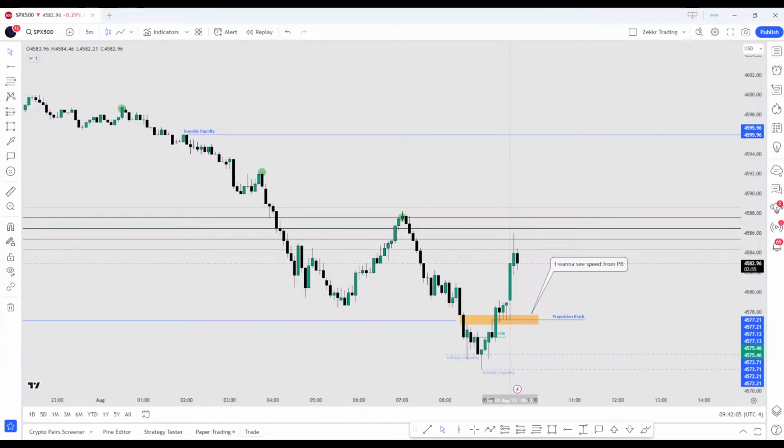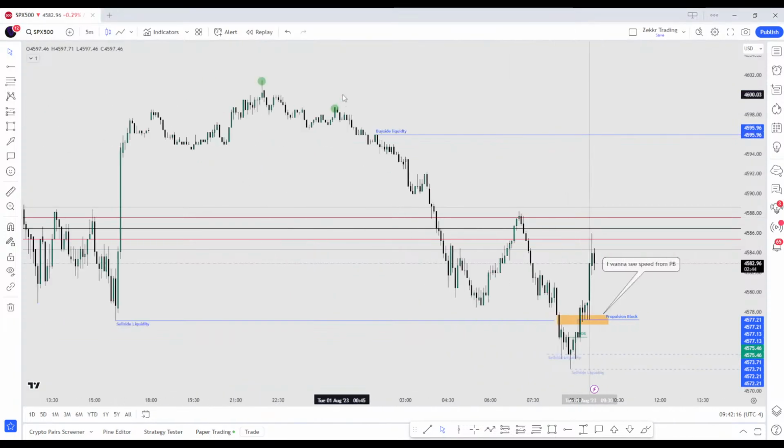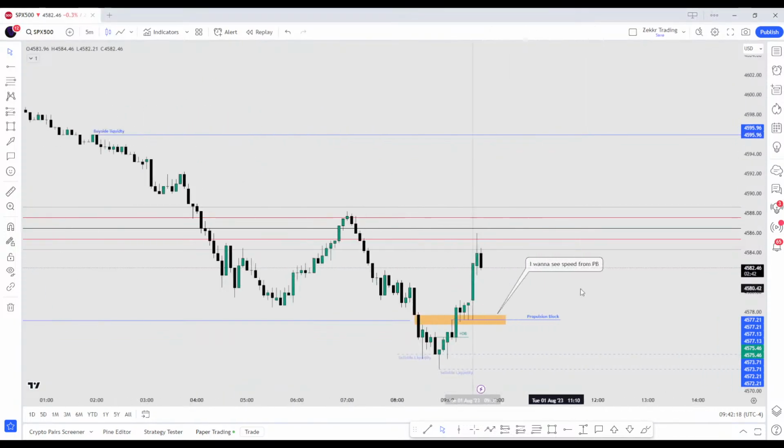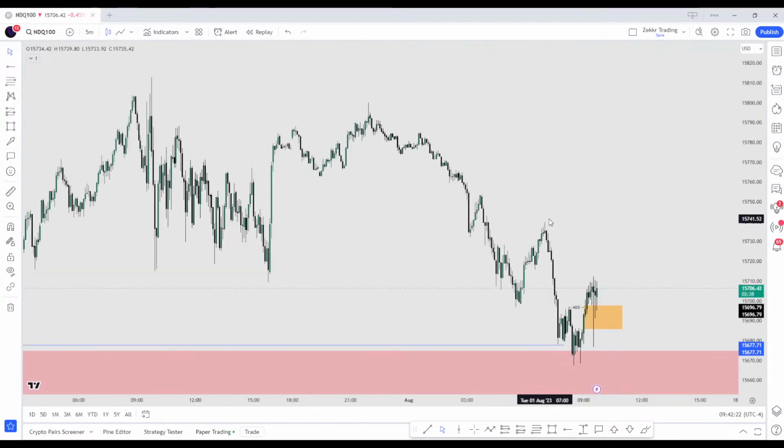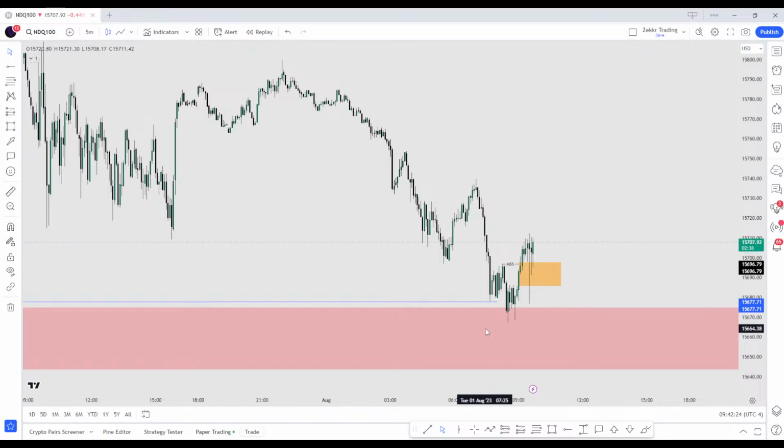So the key levels ICT mentioned for the AM session are this buy side and sell side liquidity for Nasdaq. It's this sell side liquidity, and this fair value gap on the 5-minute he mentioned.